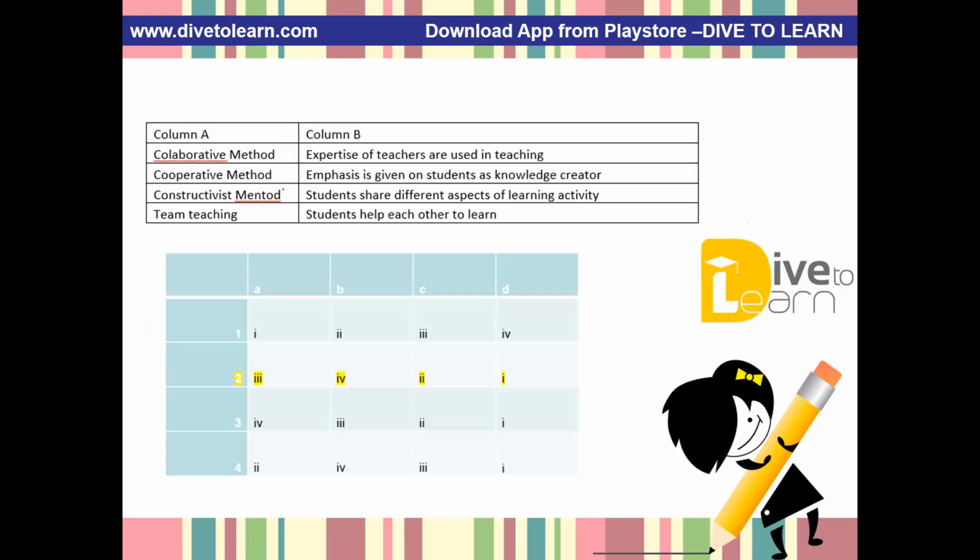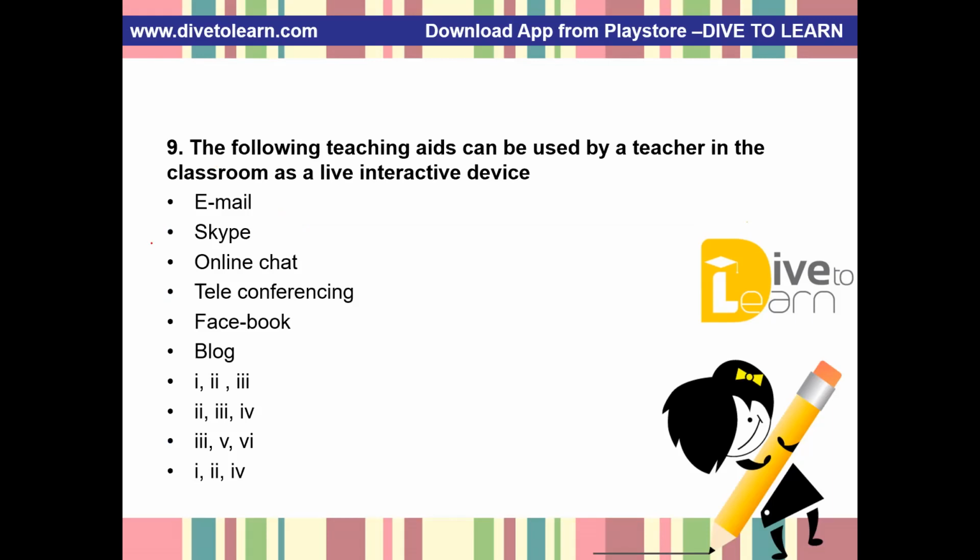Collaborative method, students share different aspects of learning. Cooperative, students help each other to learn. Constructivist, emphasis is given on students as knowledge creators, because students construct knowledge here based on the ideas they build on the concept. Team teaching, a team of teachers teach together. Okay, so I just answered this for you.